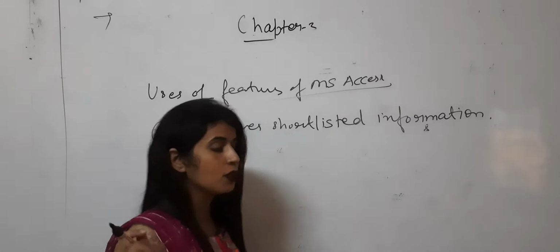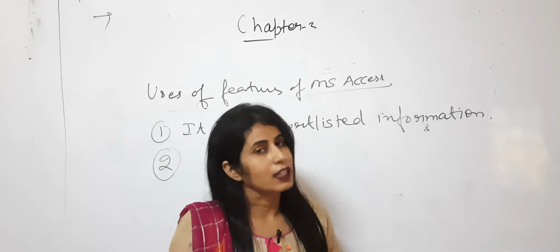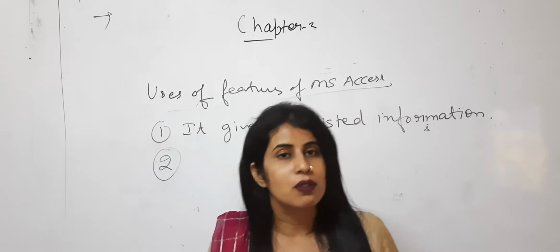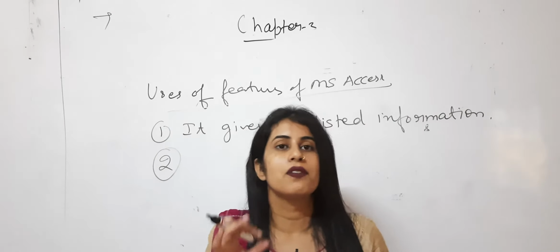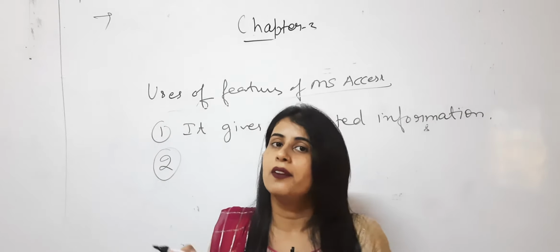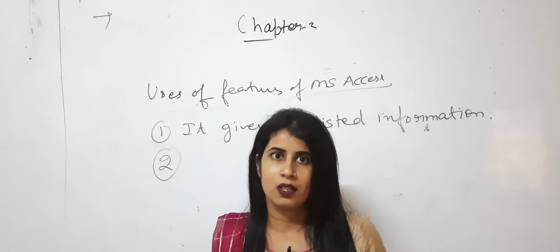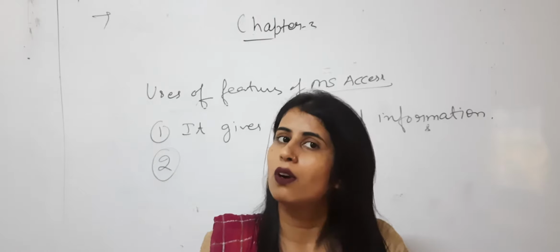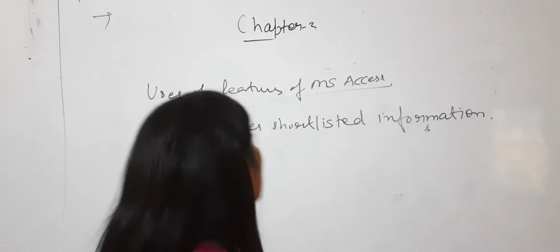What is the second use of these features? The second use is that when we are using these features, it gives us a consolidated form of the information. Consolidated means a combined form of all the information in a database.